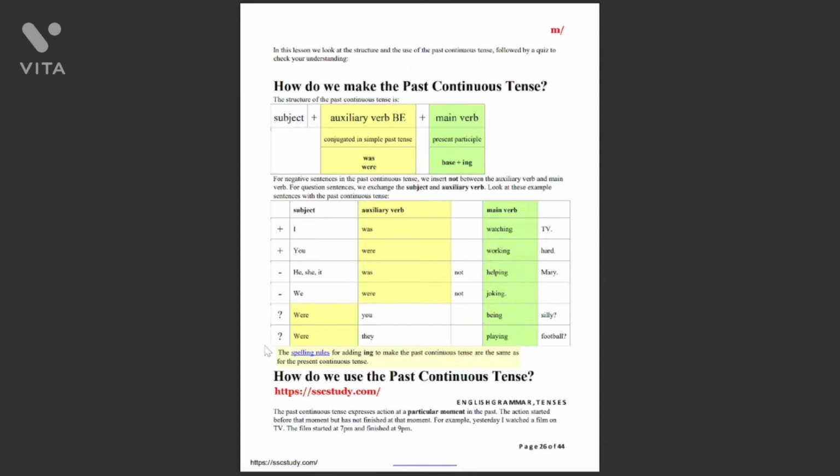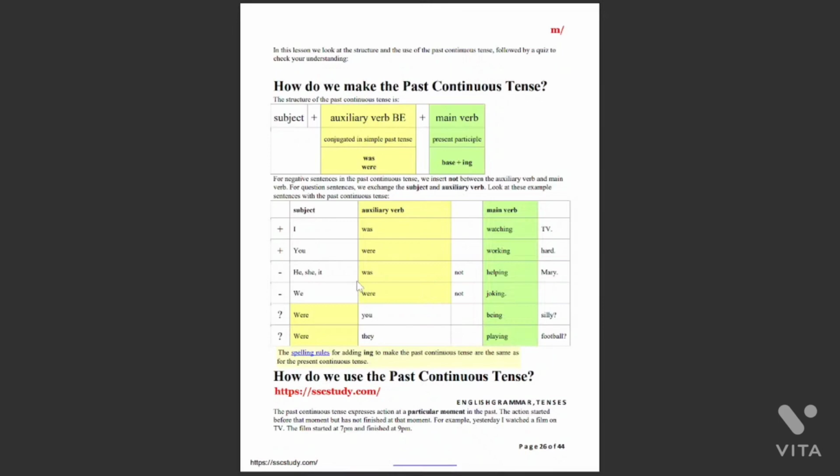For question sentences: Were you being silly? Were they playing football? This is how it changes: the auxiliary verb comes forward and then the subject. The simple rules for ing formation in the past continuous tense are the same as in the present continuous tense. So how do we use the past continuous tense?